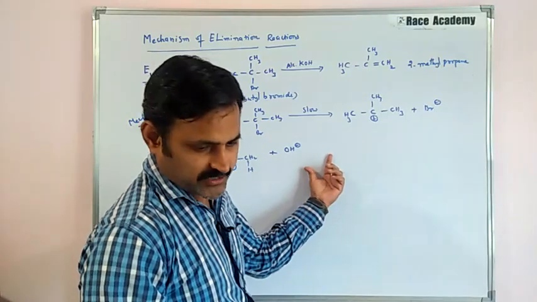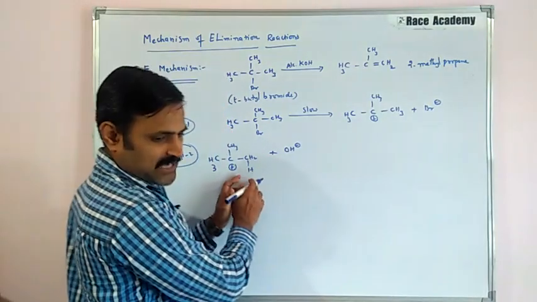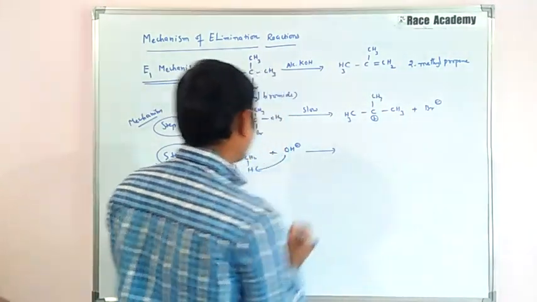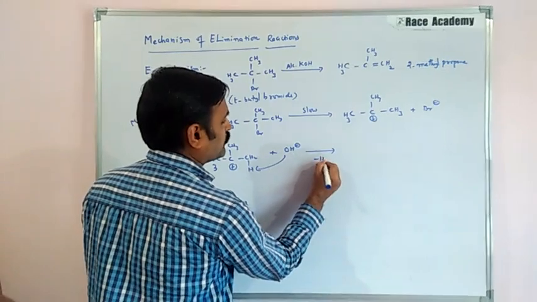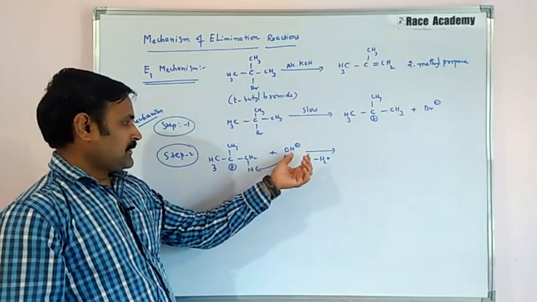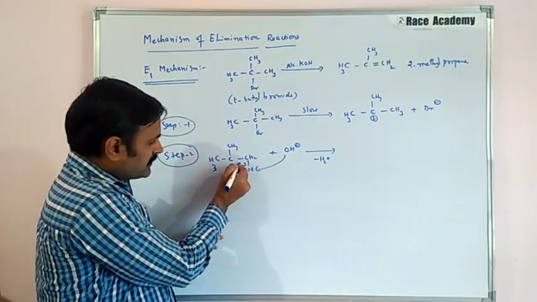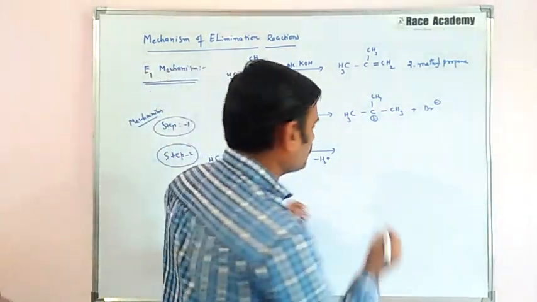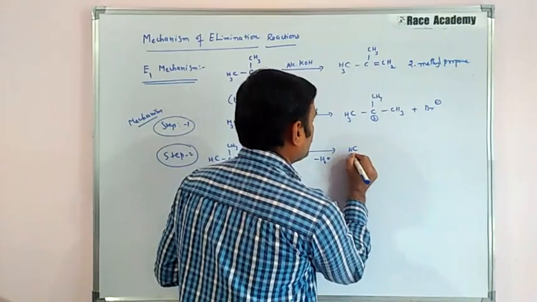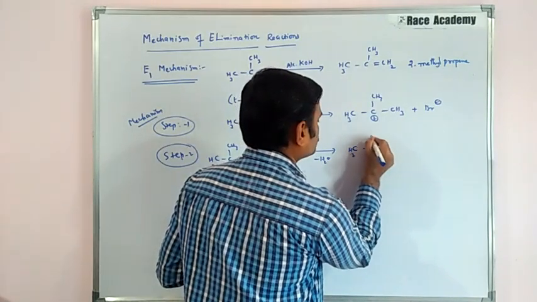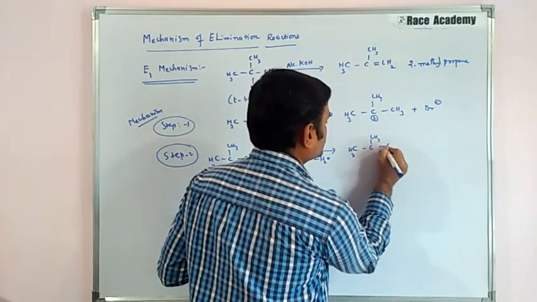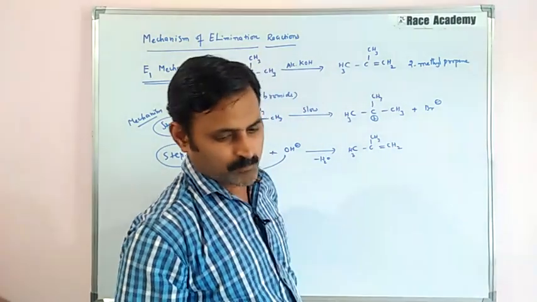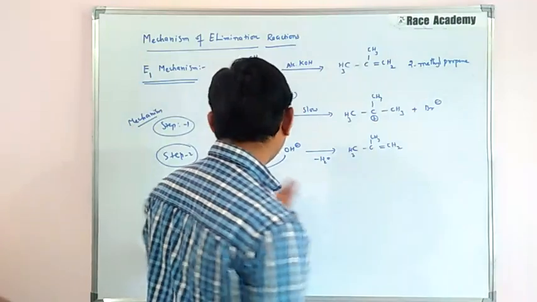Removal of water takes place: this hydrogen and this nucleophile both form water. So we remove H2O, and this bond shifts to give the product. The product is an alkene, CH3 double bond CH2, that is 2-methyl propene, with the removal of water.